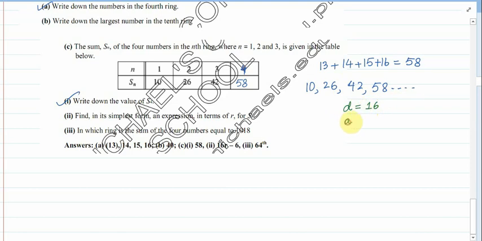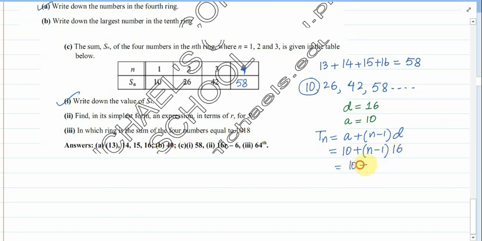The first term is 10. Apply the working formula, which says that Tn equals a plus n minus 1 times d. a is your first term, and the first term here is 10. So it is 10 plus n minus 1 times d, and d is 16.